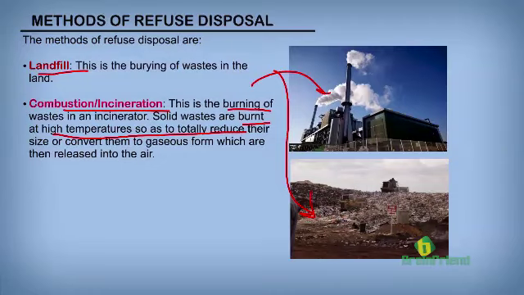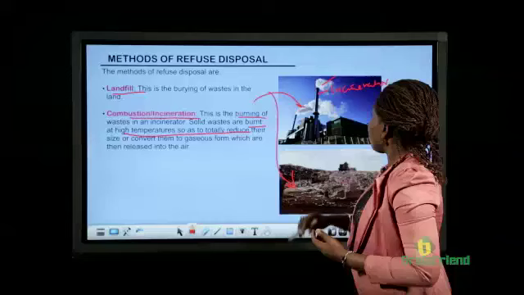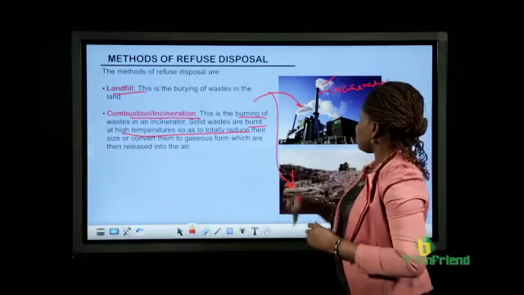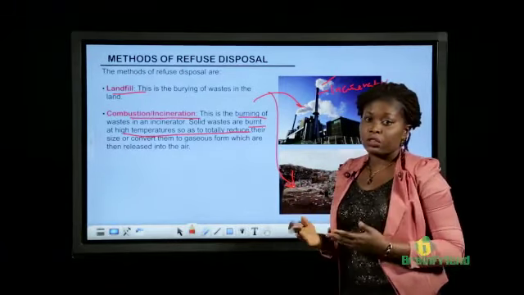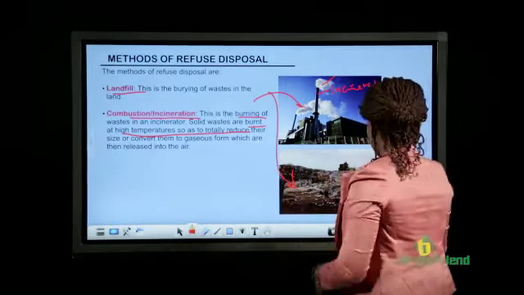Here we have an image of waste being burnt in an incinerator. We can see the smoke coming out from this incinerator. Here, these wastes are being converted to their gaseous forms and being released into the air.